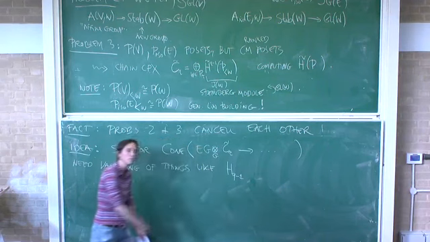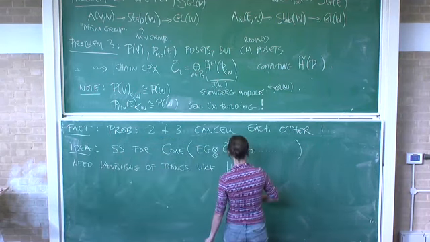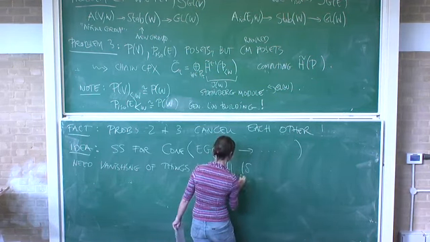H_{q-1}, I'm looking at the row below, I need something from the row below to be 0.